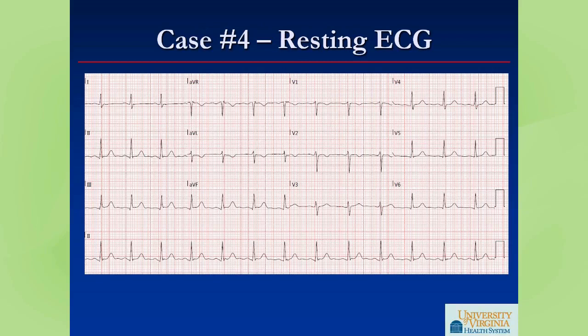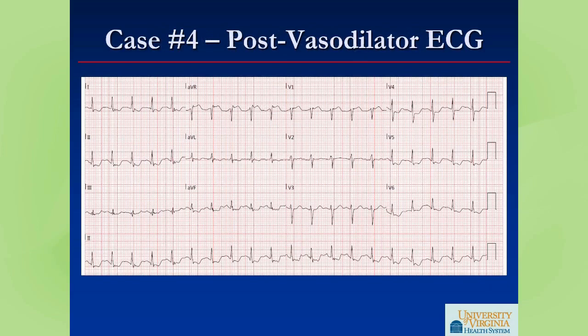And here is her resting ECG. You can see that there are no abnormalities here, relatively normal resting ECG. And then here is her post-vasodilator ECG. So we gave the vasodilator, and then we looked at her ECG.